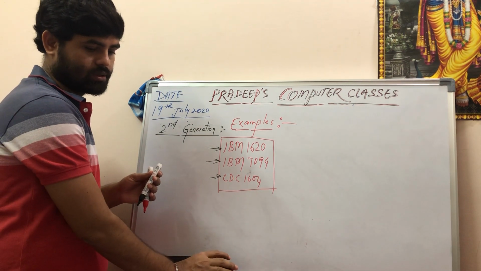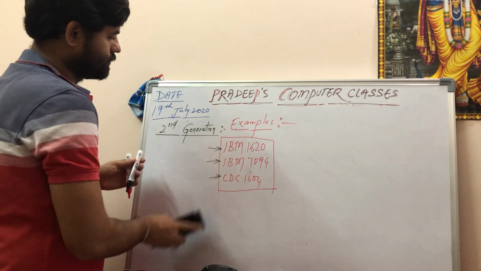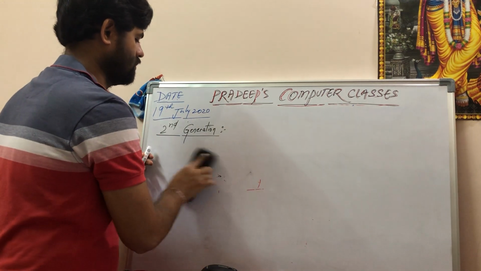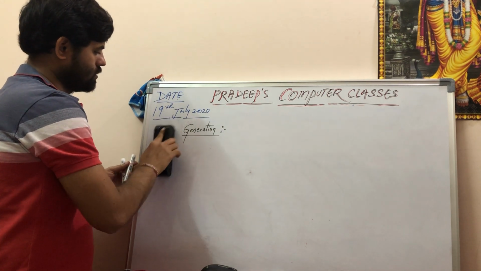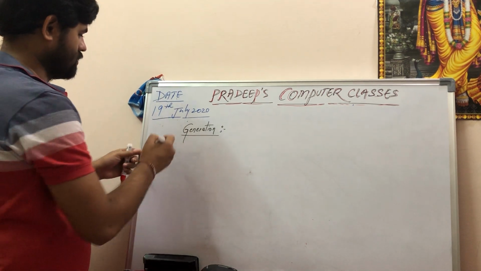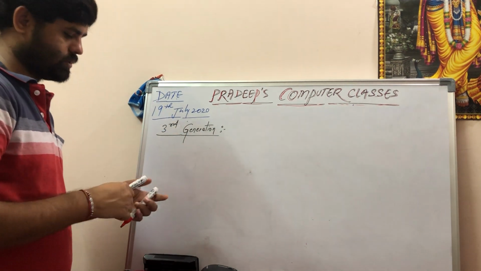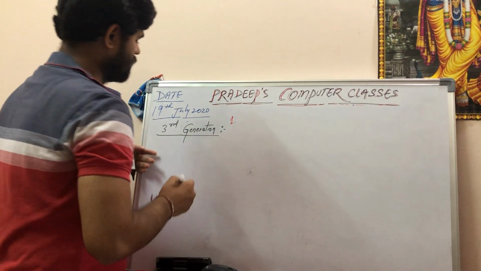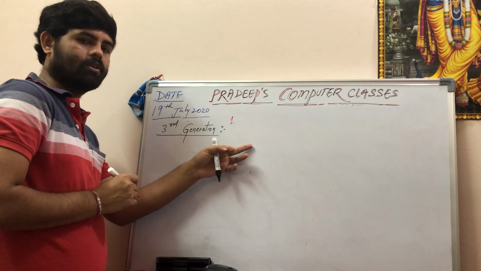Then we'll see the third generation. So third generation, first point is, so see, when I say generation first, second, third, that means you can see that the time is also changing.